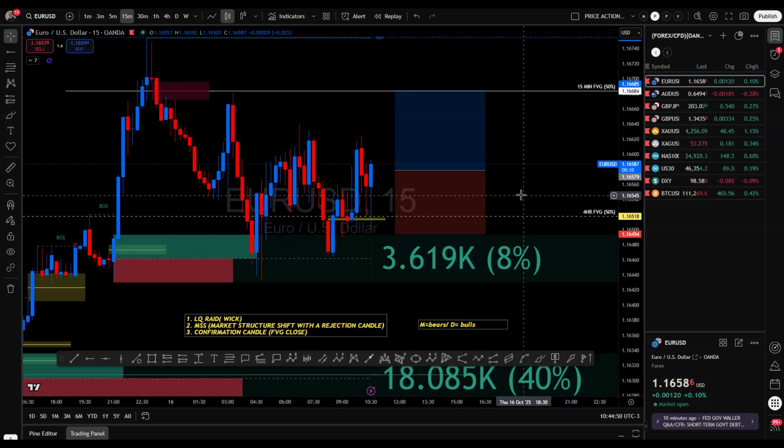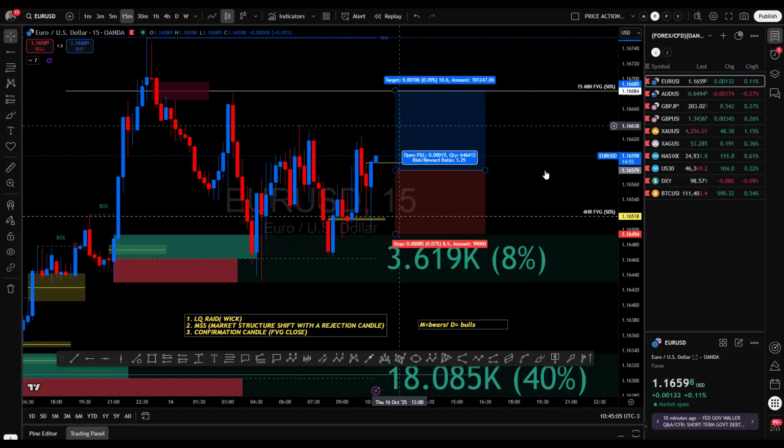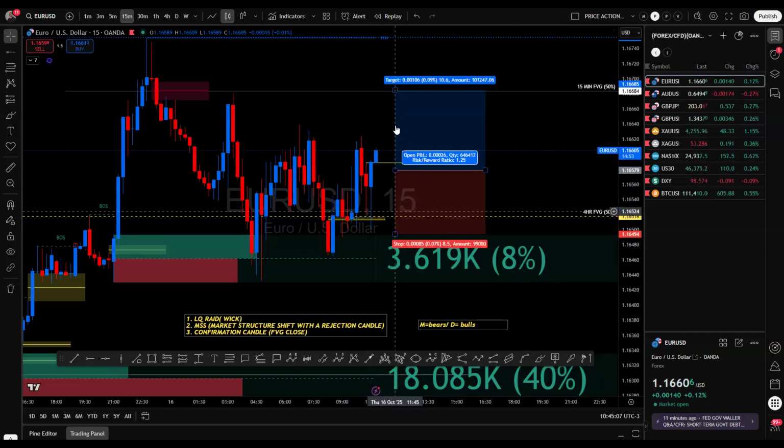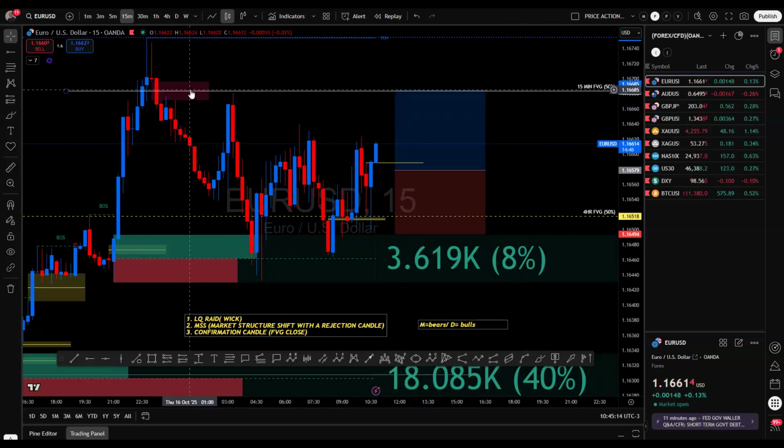In seconds now. Three, two, one. All right, so we just closed with some imbalanced strength here on the bullish side. So we're going to hold it and see if we can hit this TP here. Then we'll take it from there.